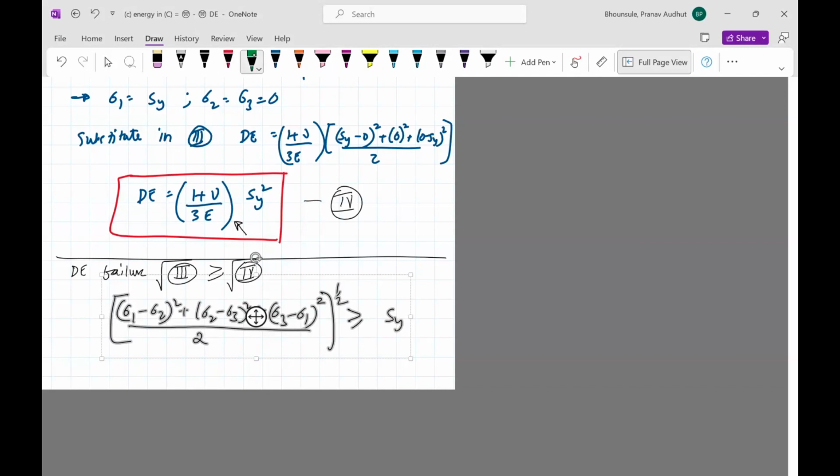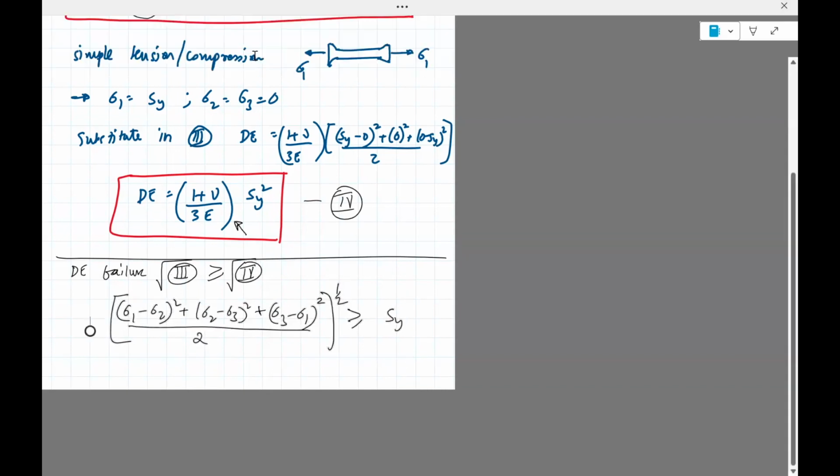Okay, let's call this quantity here sigma prime. This is just to denote the stress due to distortion. It also has a name, actually. It's called the von Mises stress, after a person who probably discovered it.